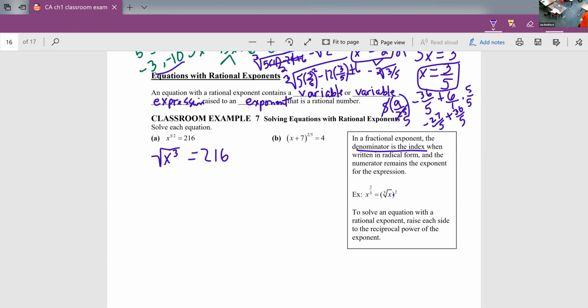My denominator becomes my index if I go back to radical form, and then I can leave that as the exponent. Now, if I wanted to get rid of the radical, I could if I did what? Well, what's the index? 2. So I could square both sides.